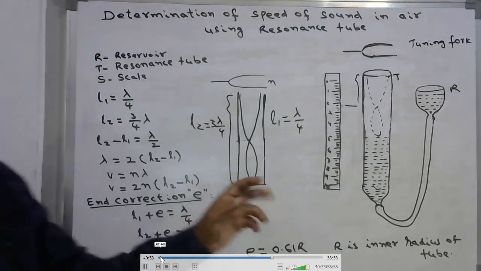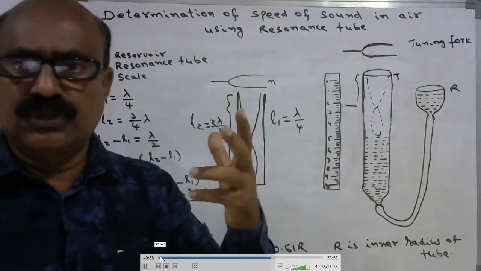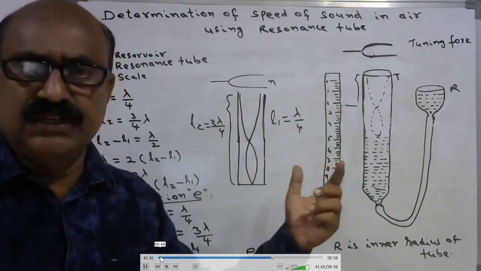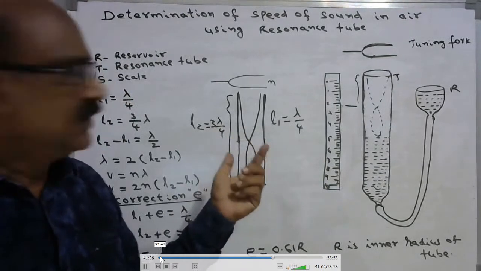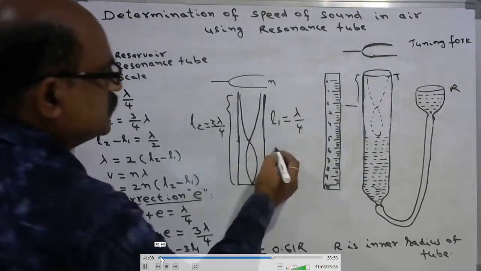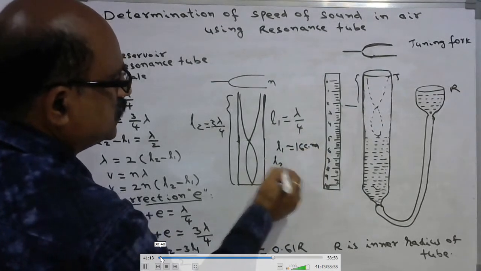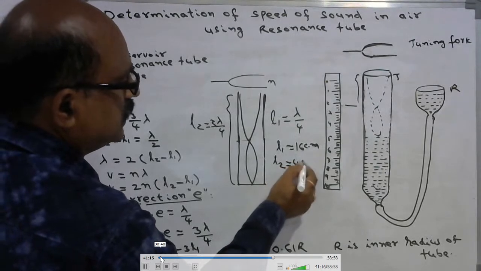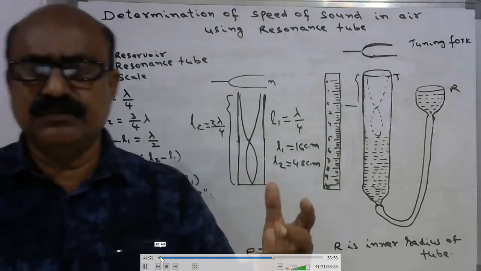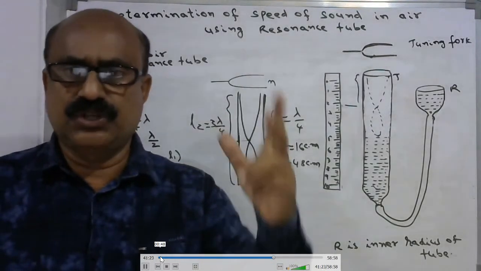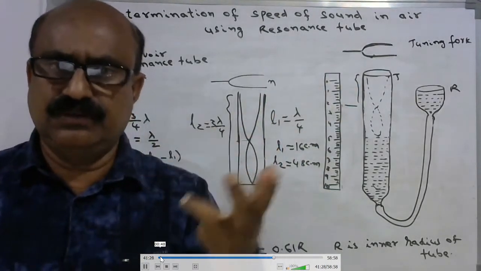So in the first length you get one resonance sound, and at the second stage the successive loud sound will occur at 3 lambda by 4. Suppose L1 is 16 centimeters, then it will occur at 48 centimeters. So there are two successive resonating sounds.